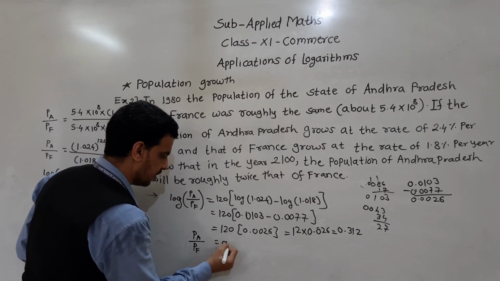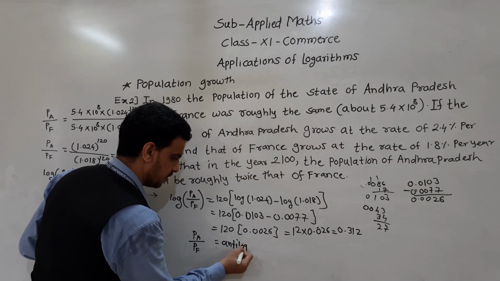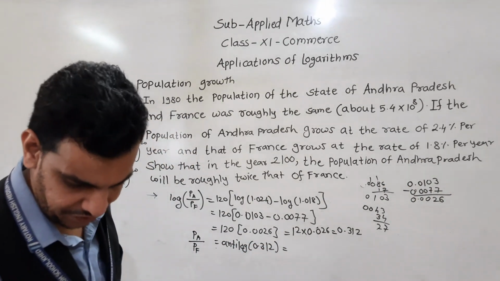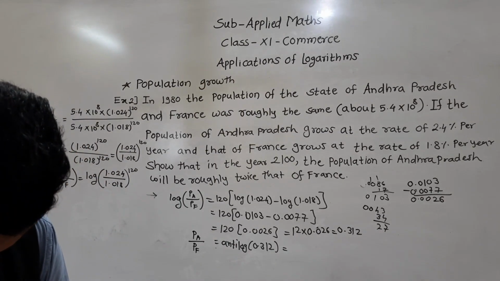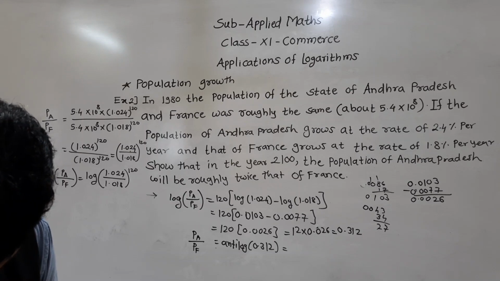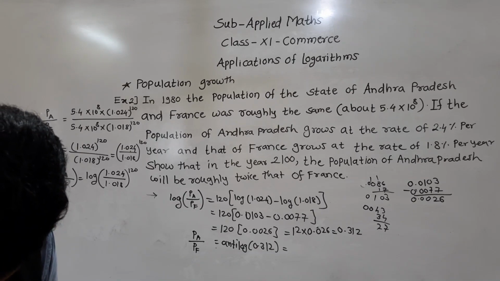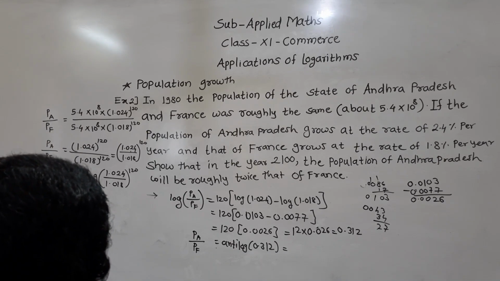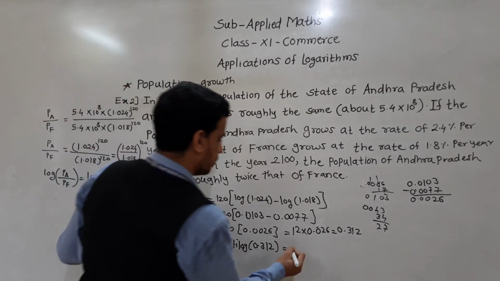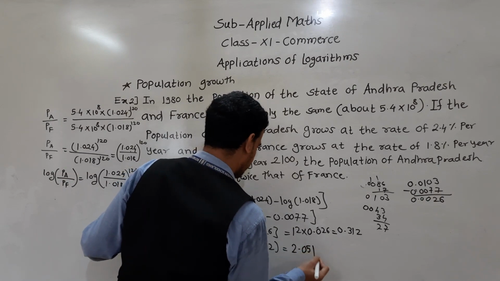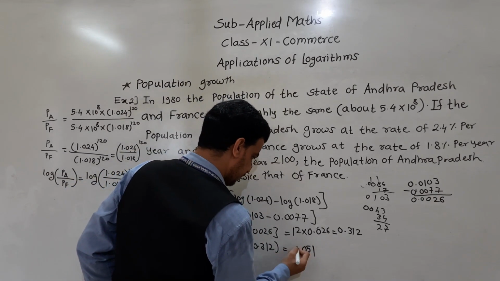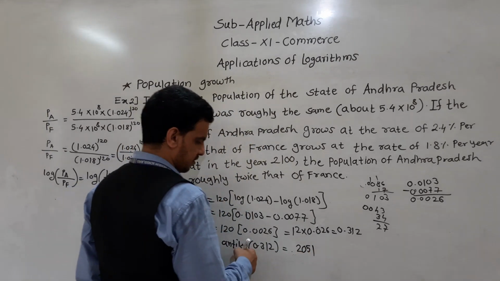is equal to anti-log of 0.312. If we find anti-log of this number, in 31 row and column, it is 2.051, means 2051, and characteristic here is 0.